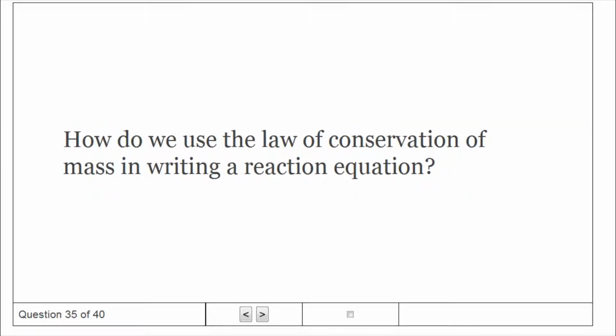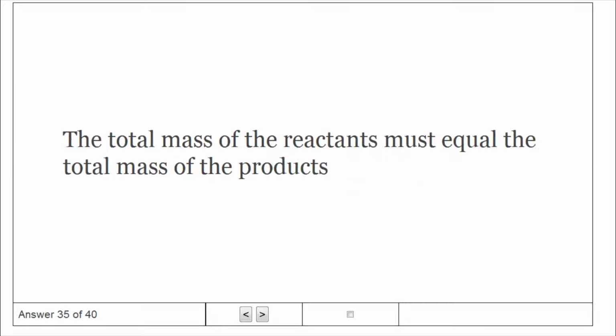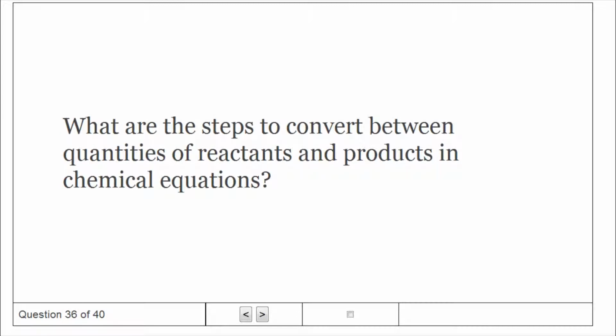How do we use the law of conservation of mass in writing a reaction equation? The total mass of the reactants must equal the total mass of the products. What are the steps to convert between quantities of reactants and products in chemical equations?